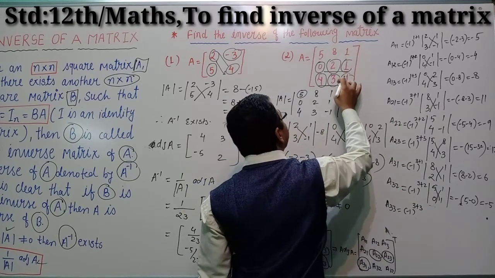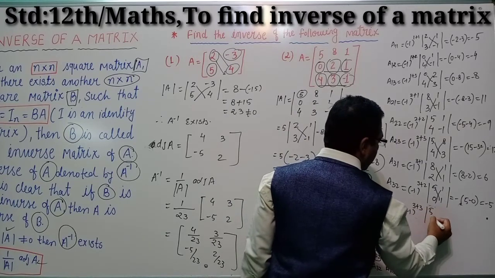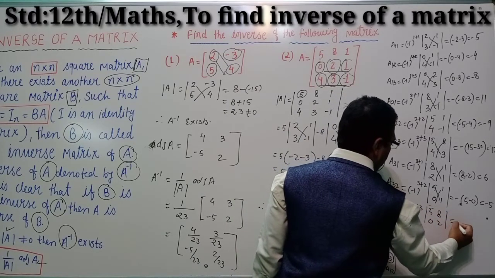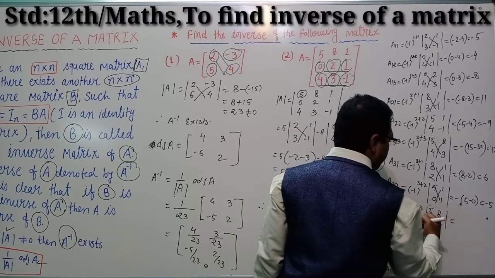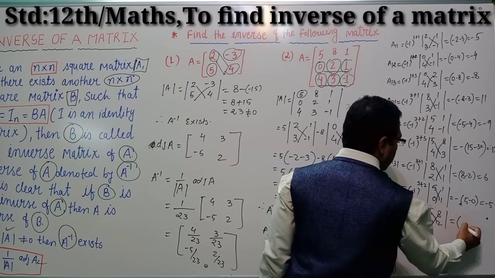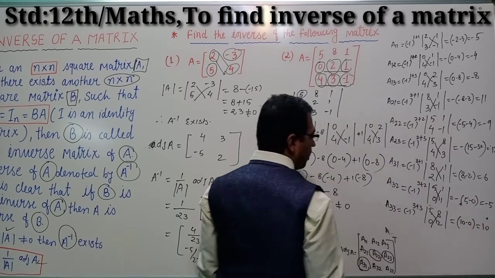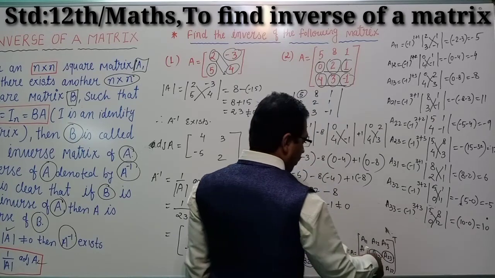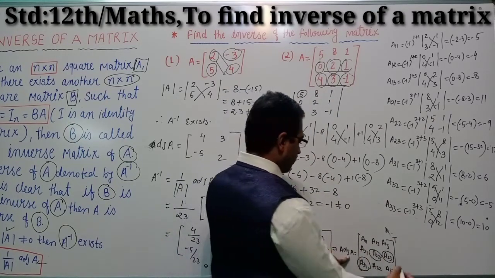So 5, 0, 8, 2. So minus 1 is to the power 6 means even power, so this will be plus. Cross multiplication, 10 minus 0. So you are getting 10. Okay.